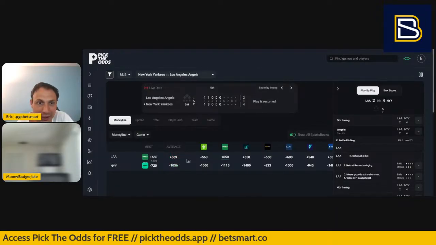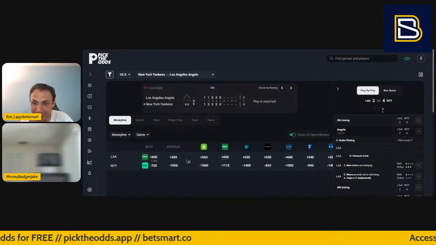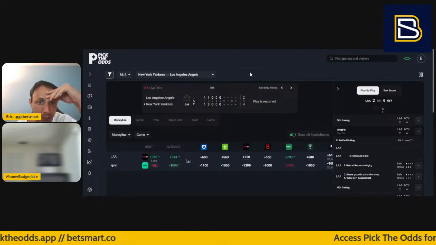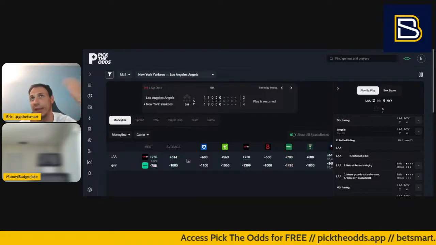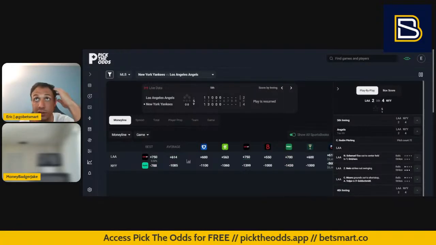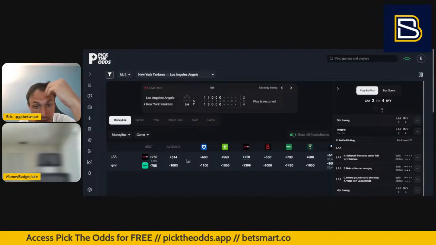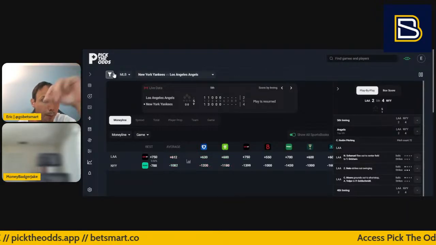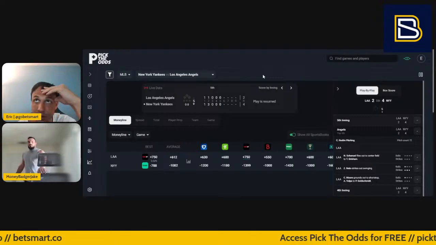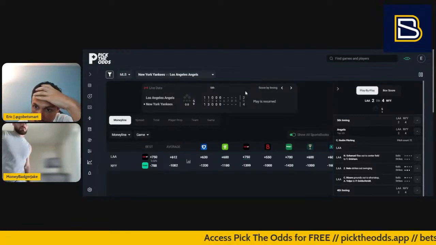I at least have an understanding of what some of these weights should be, especially with money line markets, game line markets, the sharp books, if you're not familiar, the Pennies, Circas, Bookmakers of the world. I'm sure there's some others with so many of the books that PTO has that I just need to get some education on.